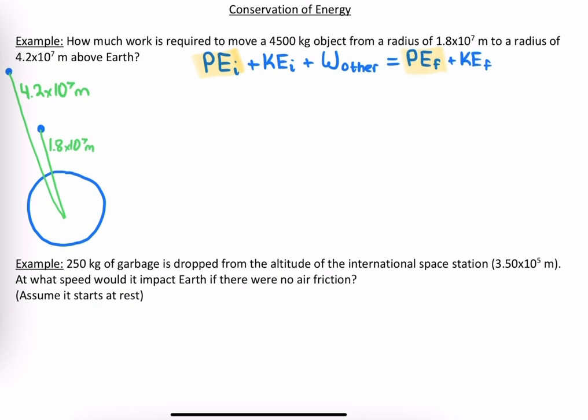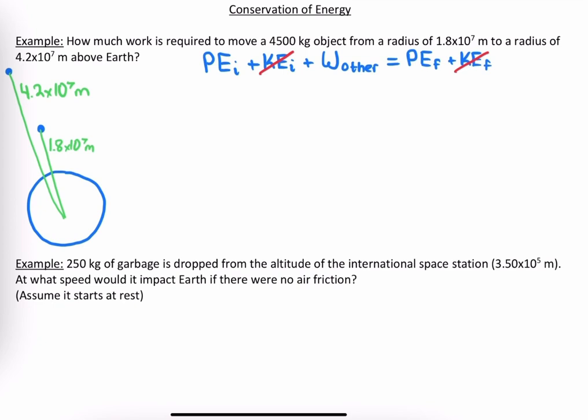Now, because this object is not orbiting, it's basically just sitting at this location and then sitting at this location, however we manage to do that. There's no kinetic energy either at the beginning or at the end. There'll be a bit of kinetic energy as I move it from here to here, but right at this point and right at this point, there's no kinetic energy. So what that means is I can cancel out kinetic energy initial and kinetic energy final. Those will both be 0.